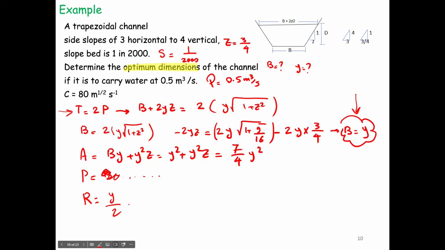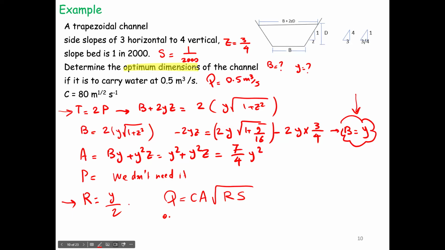So I will start writing Chezy and I will write it for you. We don't need it. If you want, you can find it and then divide it. But based on the table, you know what's the best hydraulic radius. So Q, C, A, R, S. Do I have Q?